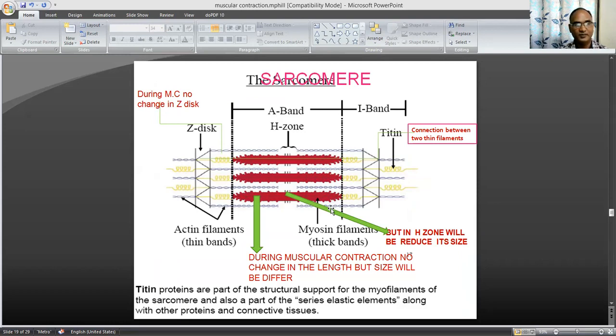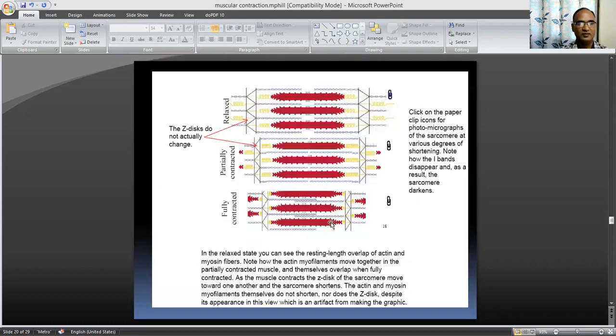When the actin and myosin are activated, active sites are created. Those active sites have opposite poles, so they easily attract each other. Because of this attraction, during muscular contraction they pull each other.